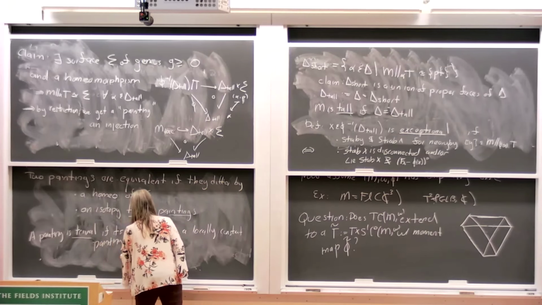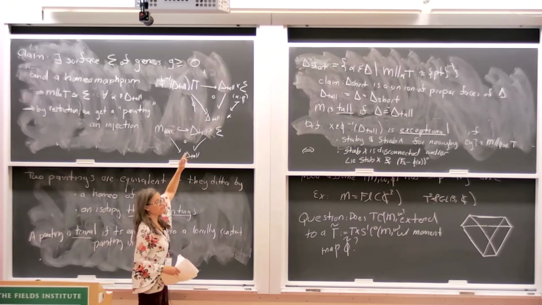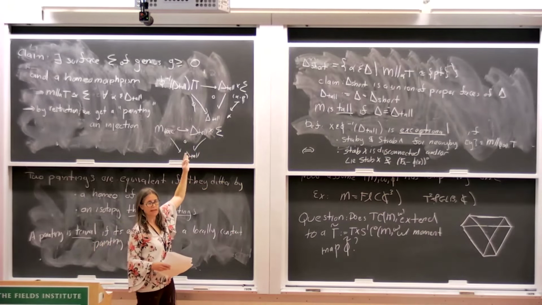Maybe written badly, but I want it to just go to a finite number of points in sigma, right? That's what I mean here.